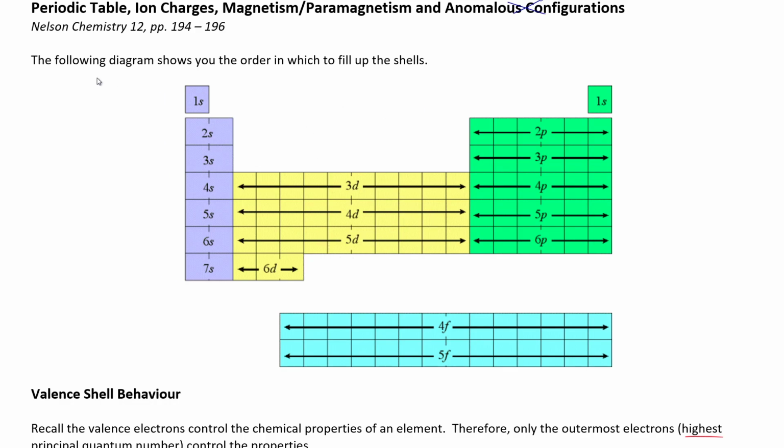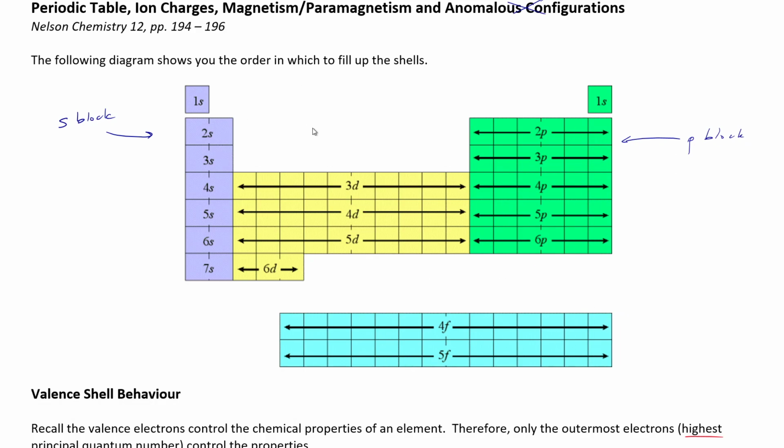Okay, this right here, just as a side note, these are called your S block elements because the highest orbital is the S orbital. These are called your P block because the highest atomic orbital there is the P orbitals.